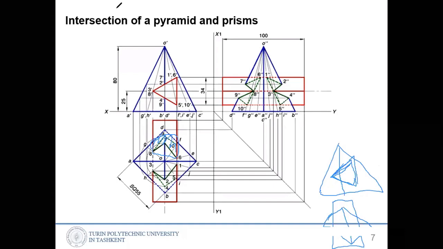Firstly, we make points. Select a view where the prism side is perpendicular to you, like this side is perpendicular to us.